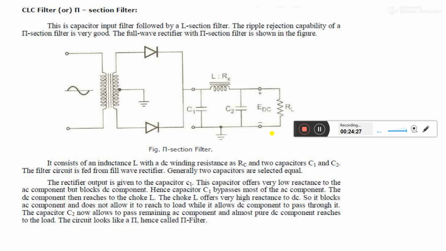Hence, for a given ripple factor, the filter is designed with a large value of capacitor C1. The ripple factor for the pi filter at 50 Hz frequency is given by the relation: ripple factor equals 5700 divided by C1 times C2 times L times RL.